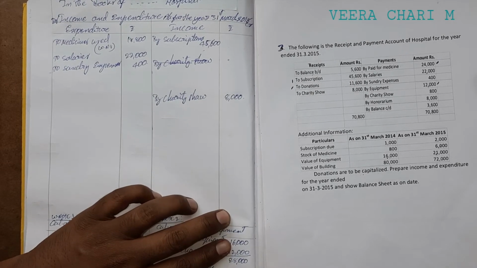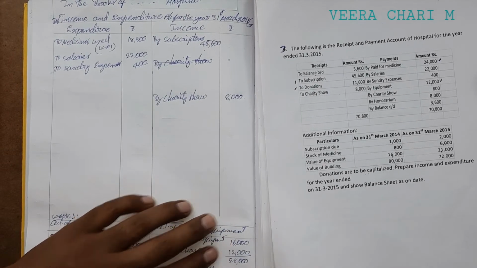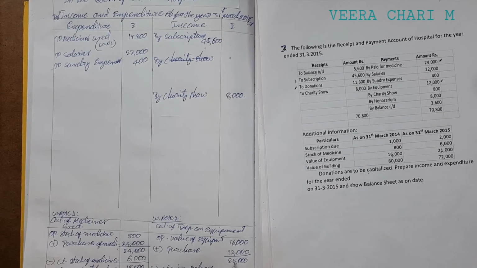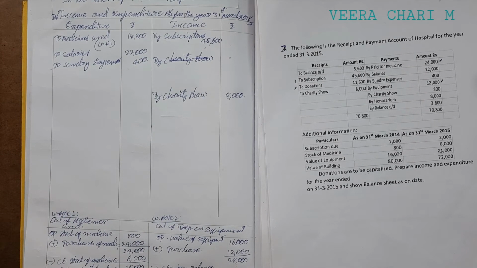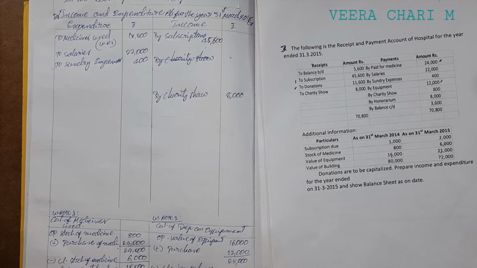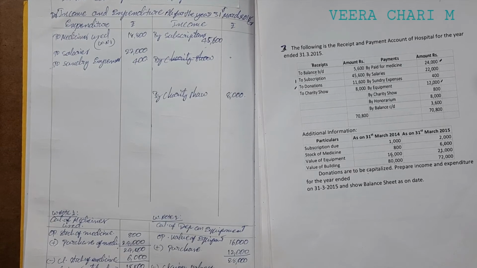The difference, 28,000 minus 21,000, is 7,000. It is called depreciation on equipment.